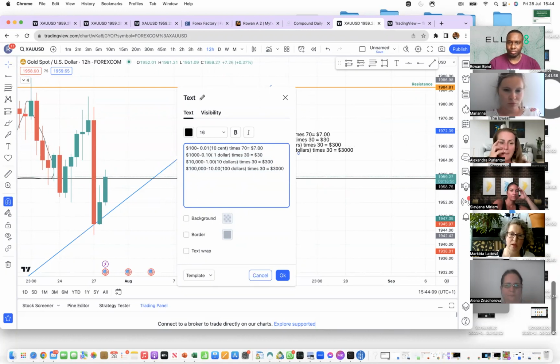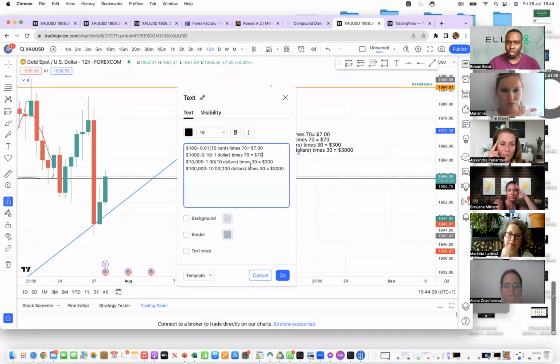You've got a $1,000 account, 70 pips will equal $70.